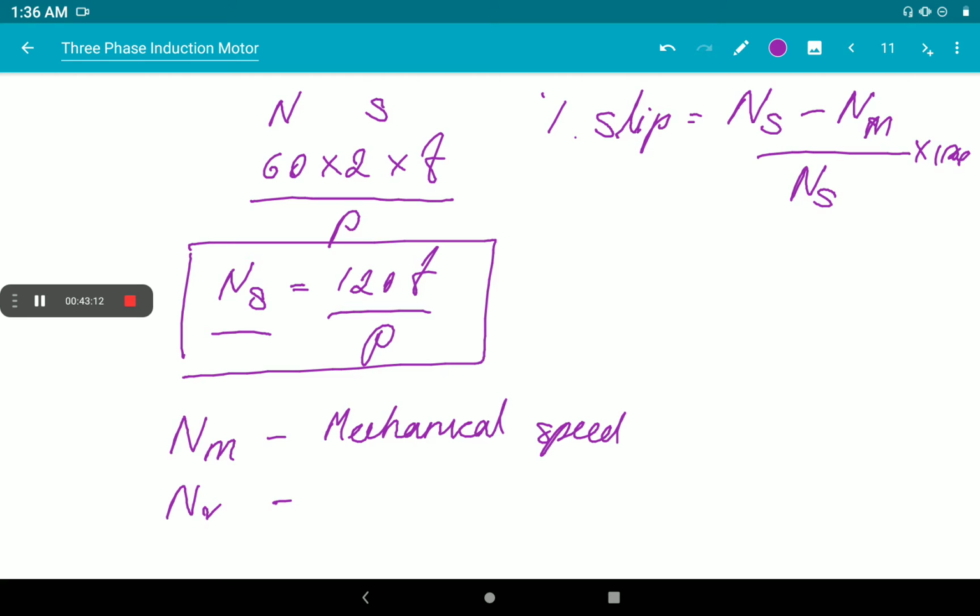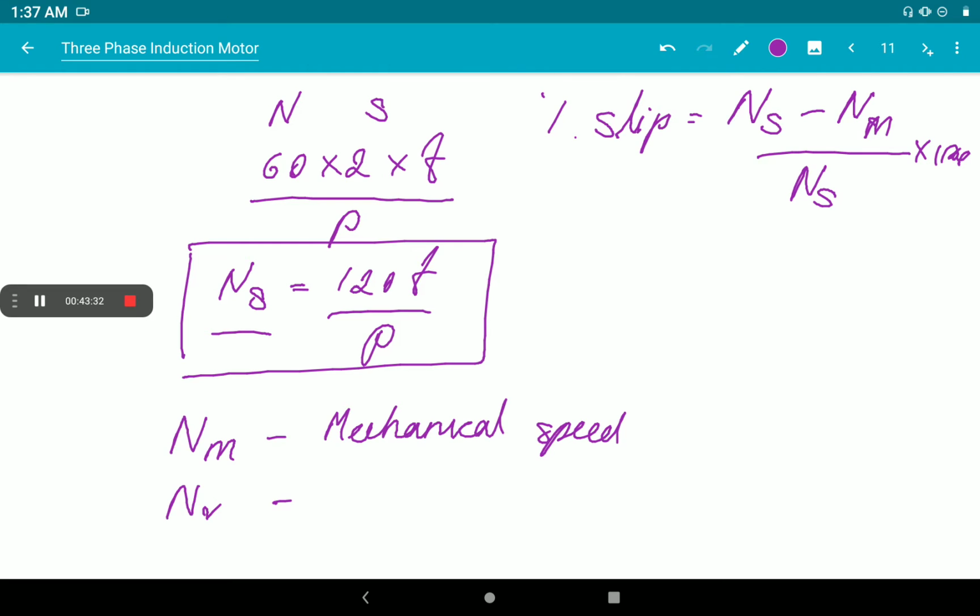This is what we need to know. For the working of a 3-phase induction motor, we should remember there should be a 3-phase supply, and the two main parts of an induction motor are the rotor and the stator. In the stator we provide the magnetic field, and the rotor has rotor windings.